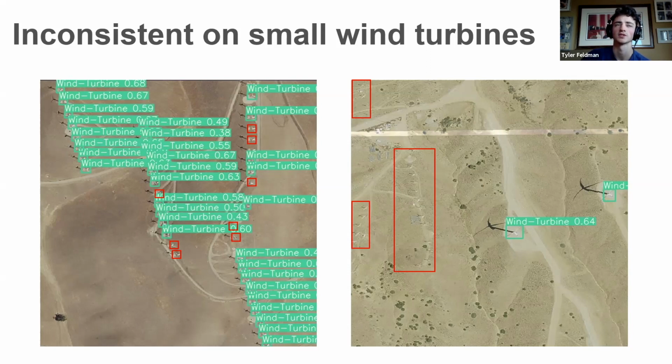The results were not significant, and the precision did decrease. So I think the main thing is getting a higher quality model for the small wind turbines. I think that would probably be the first thing we do.